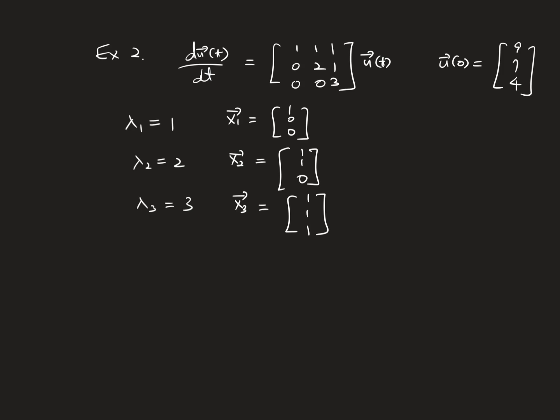After that, we represent the initial condition vector as a linear combination of eigenvectors.